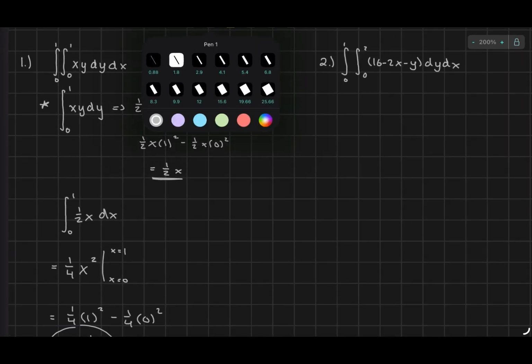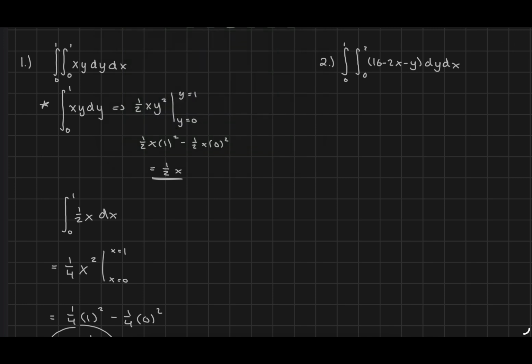One other quick note is a sanity check, just to make sure we're doing this right. When we're done with that inner integral, we should only have constants and or variables of the outer integral left. Basically, if I had any y's left over here, I messed up, because how am I going to compute that?